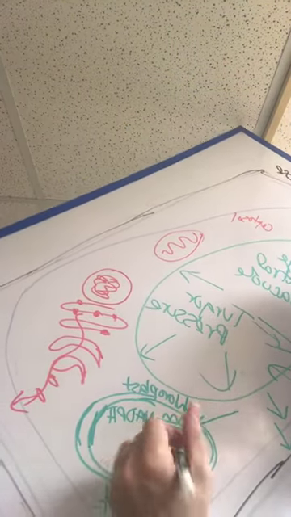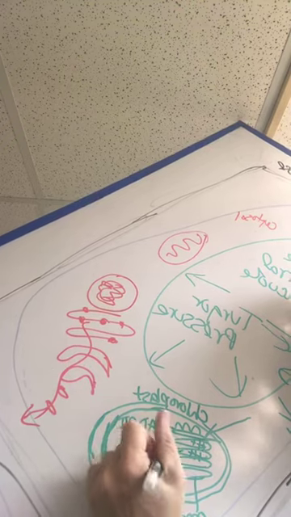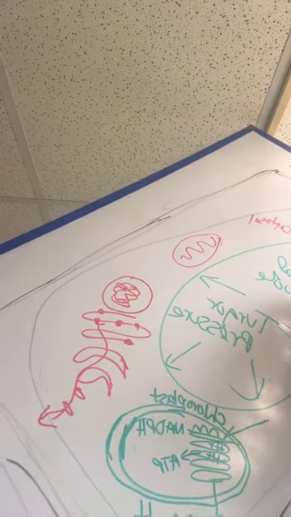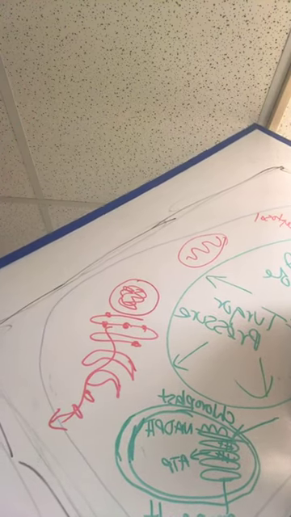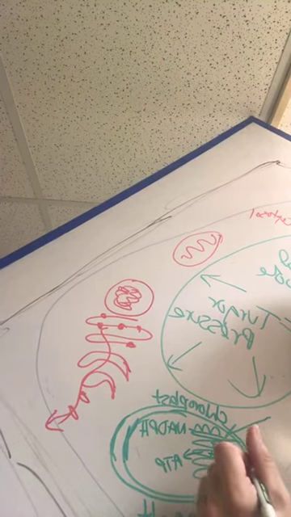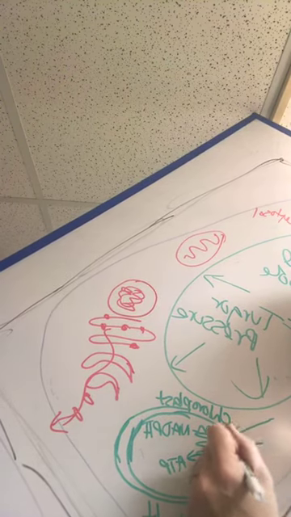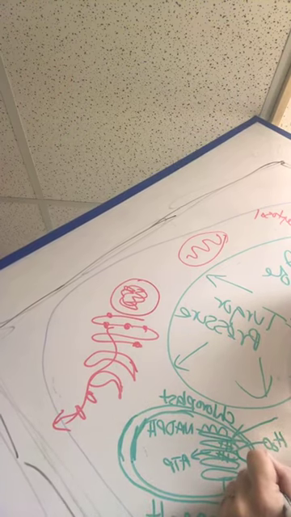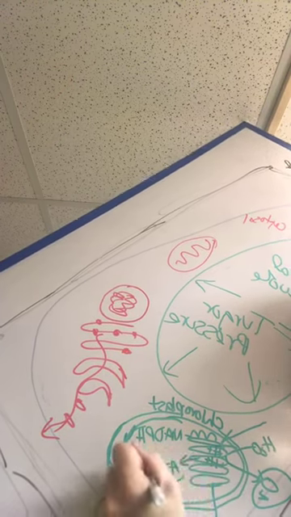That's going to be really important because I can let those H+ flow out through an ATP synthase and I can make ATP. So the production of NADPH and ATP are crucial in the light reaction. Photolysis also happens where H2O is split and oxygen gas is formed. So those three things are the three products of my light reaction.